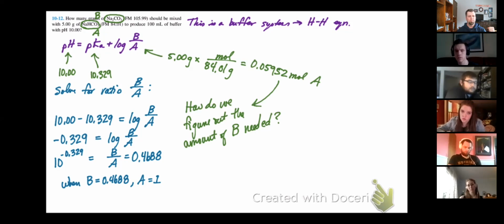Why would you even care about the ratio? Why would you not just plug in A and find your B? Plug in the number of moles of A. Yeah. Let's see. I think you could.